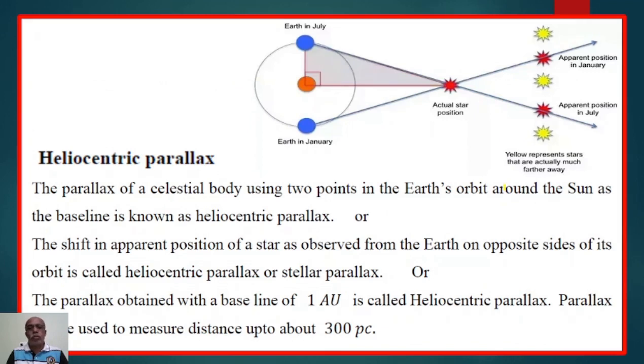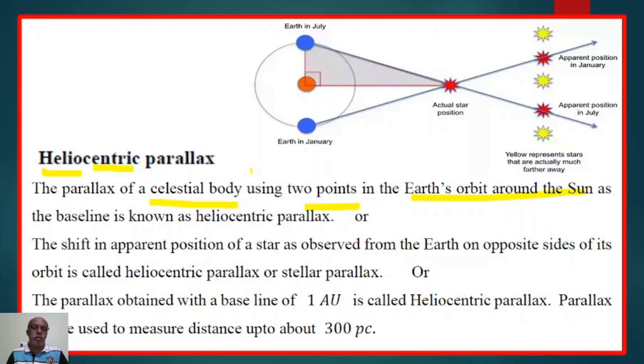Coming to the heliocentric parallax. Helio means sun, centric means center, the sun being at the center of these parallax measurements. It is the parallax of a celestial object, that is a heavenly body, measured by using two points on the Earth's orbit around the sun, the sun being at the center of the orbit. This type of measurement we call the heliocentric parallax.